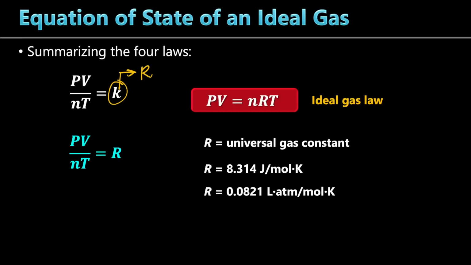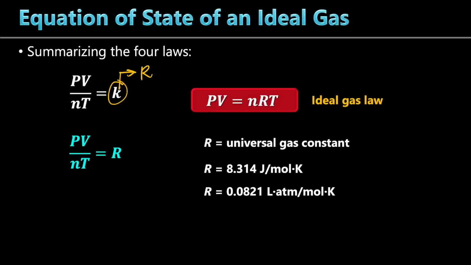Now, the reminder is, when you solve a problem, the units must be consistent. So if you want to use the first value, then all units must be in SI units. But if you want to use this constant, then the units of pressure and volume should be atmosphere and liters respectively. That is why you also need to know how to convert from one unit to another, the units of pressure and volume. You need to know how to convert.